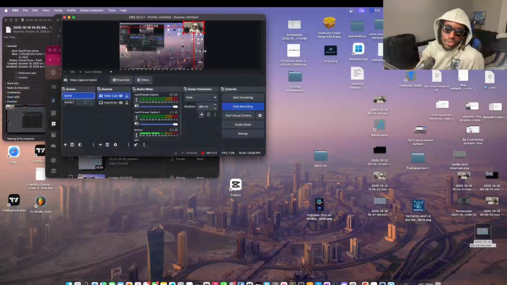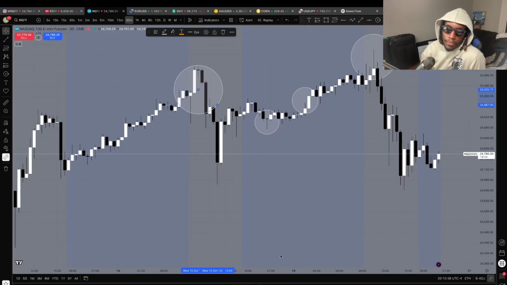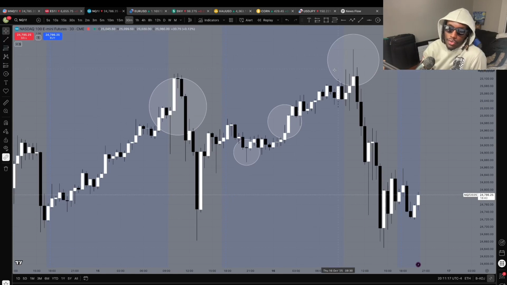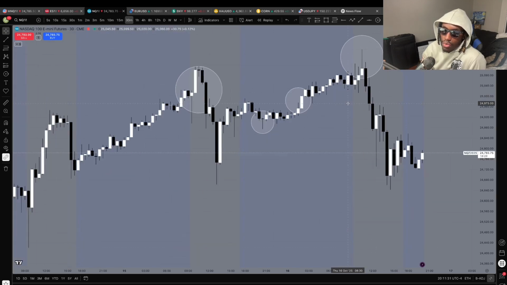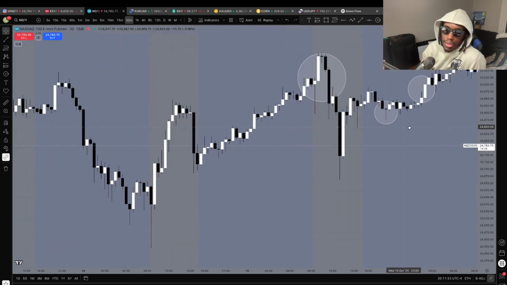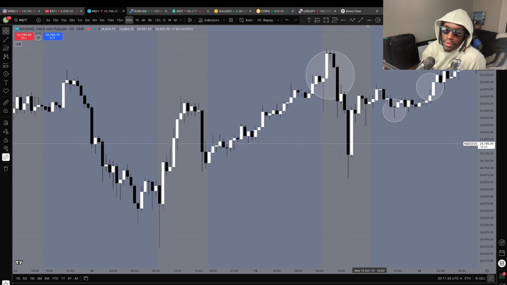So let's show some more examples. I was just showing you guys this example right here. This one was very clear, very obvious to me in real time today. Buyers tried to push it up, sellers rejected, and then after that we had a strong bearish candle, and I knew to short the market, and that's what I did. And then down here, what do we have? We have a big wick, and pay attention to the wicks. Look how these wicks are longer than the other wicks.